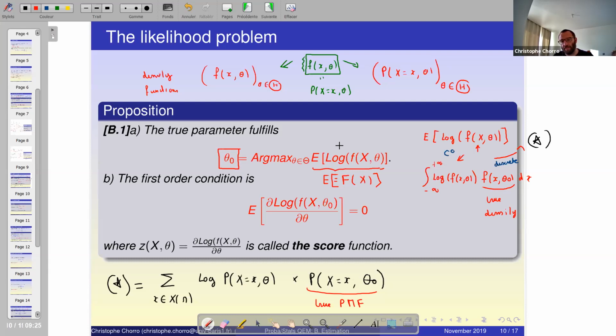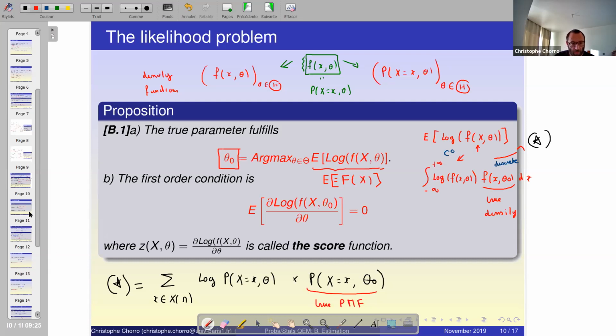And what you know from the course of optimization is that if I want to find theta_0, first you have to solve the first order condition, the Euler condition for my maximum, the one that will make the derivative of my objective function equal to 0. That's why we are going to have this second statement here.